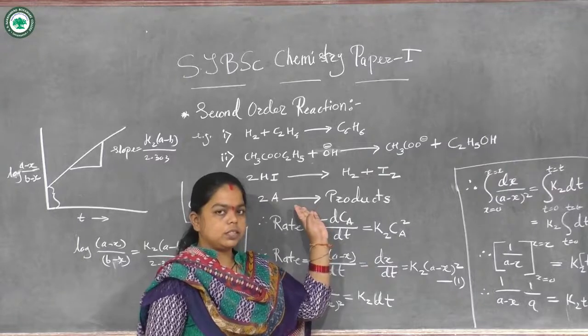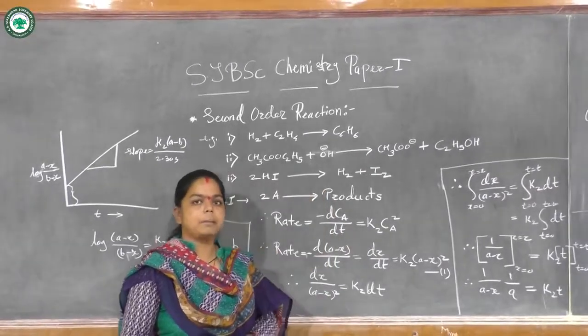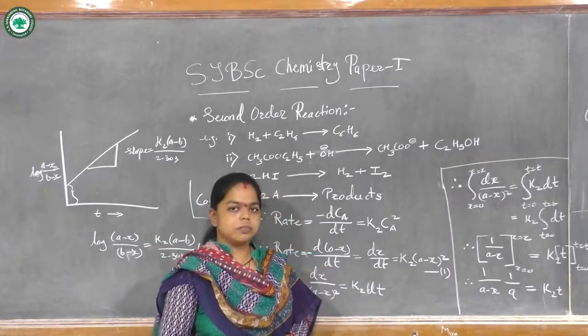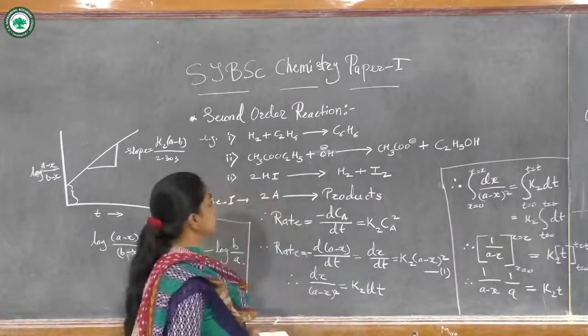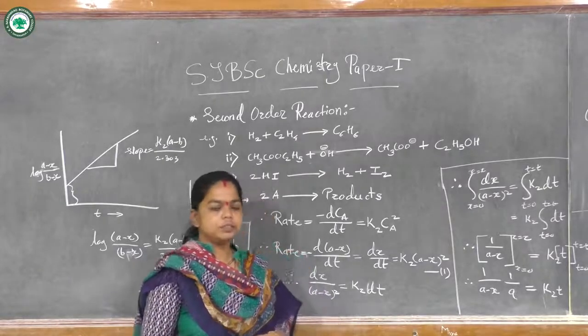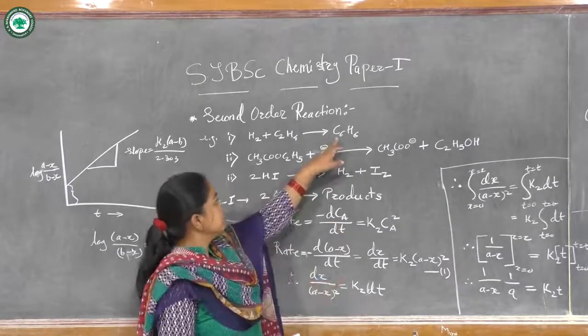If we consider examples of the second order reaction, basically three examples are given. First is the thermal decomposition or hydrogenation of the ethylene molecule to the corresponding ethane molecule.